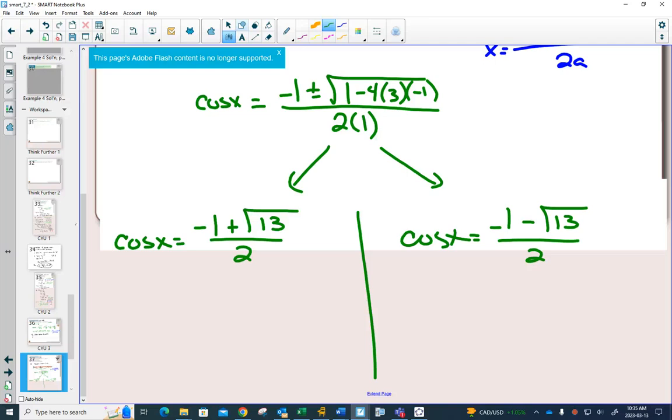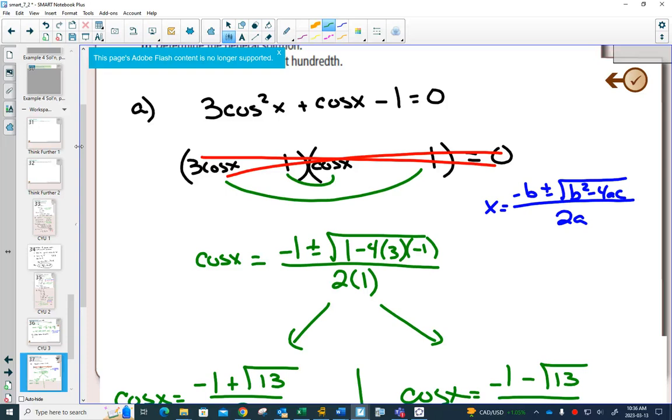I'm going to type this into my calculator just to see what it's equal to. So negative 1 plus the square root of 13, divided by 2. And the other with the minus sign. Minus this part here?